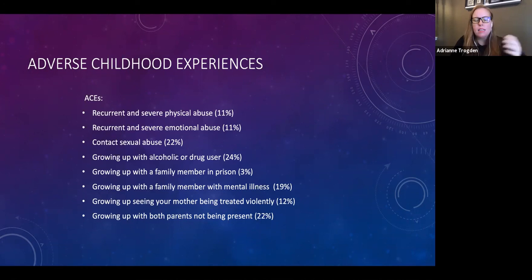It asks about a variety of things that you might have experienced as a child. And then the score that you receive indicates a risk level for developing diagnoses like mood disorders, PTSD, but also addiction, and how it might impact relationships.